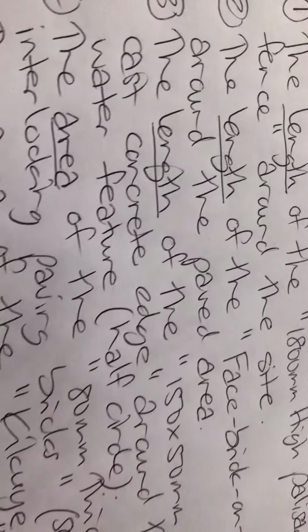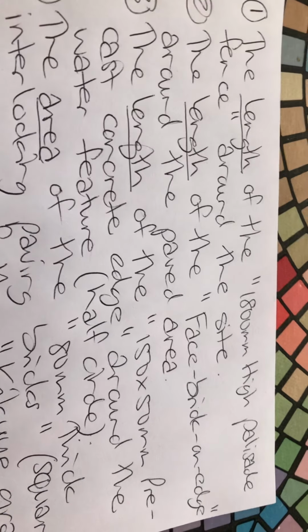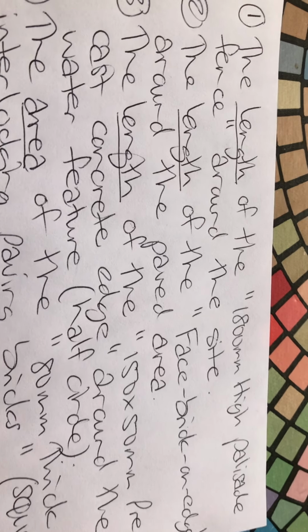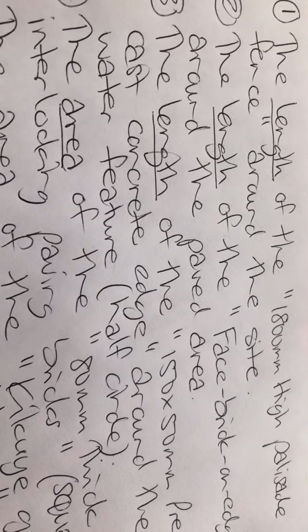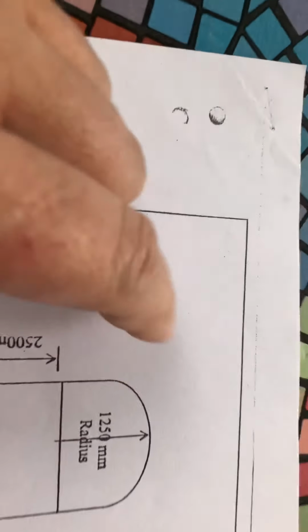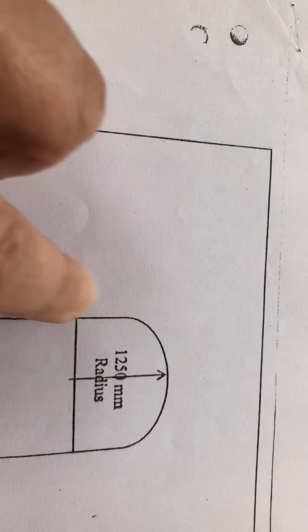Right, let's look at question 3. Question 3 is the length of the 150 by 50 millimeter precast concrete edge around the water feature, or the half circle. That means it's the water feature that's going to go around there.